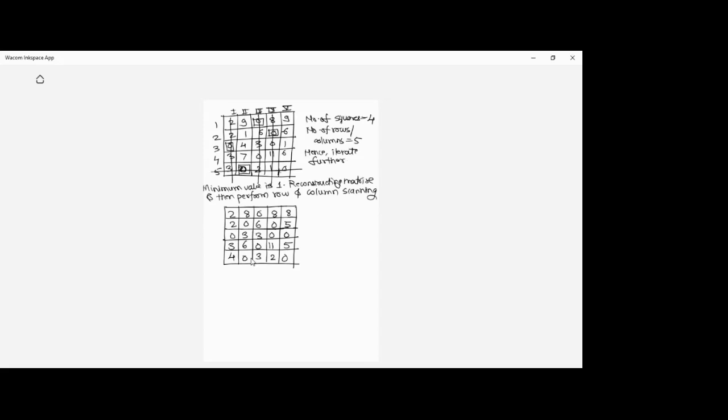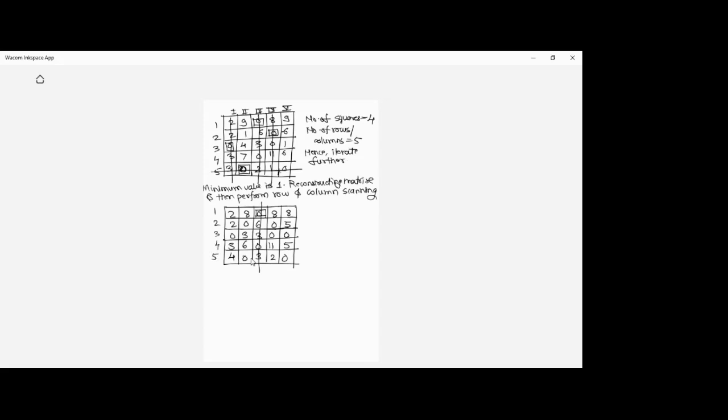So here we have only one zero, so we have put a square around it, and then we are going to draw a vertical line. Next, if you see, we have 2 zeros in row 2, 2 zeros in row 3, we do not have any zero in row 4, and 2 zeros in row number 5, right?